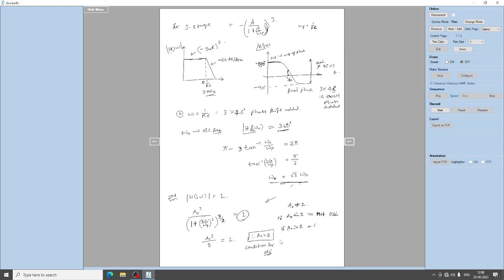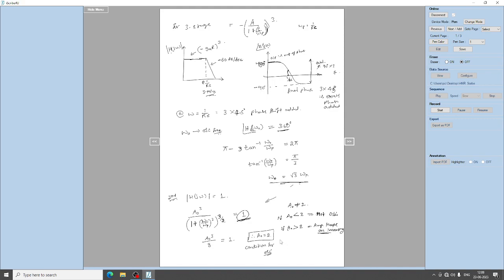The amplitude of oscillation keeps on increasing. Okay. So the amplitude keeps on increasing if it is greater than 2. At some point it will stop at a fixed value, but A naught should be greater than 2. If it is less than 2, it will not satisfy this condition and hence it will not oscillate.